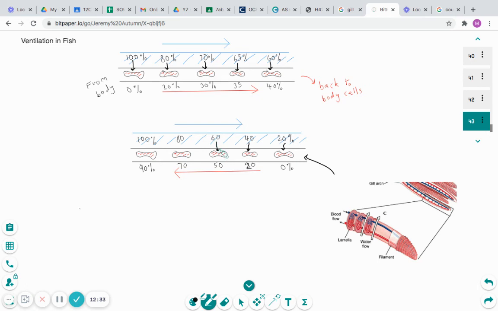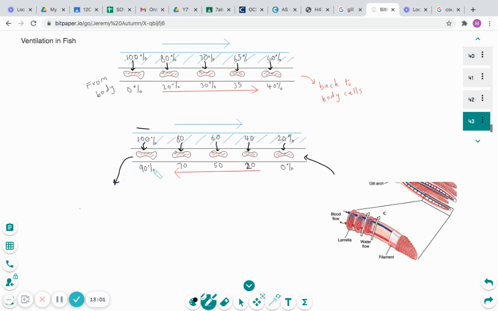And as it goes up to 70, because we're now at the part of the lamella where fresh water has just arrived, this water's at 80%, so it can still get oxygen. And even as it gets closer to the end, it's still picking up oxygen because this region of water just here that's entered is at 100%. So this blood cell is leaving with 90% oxygen.